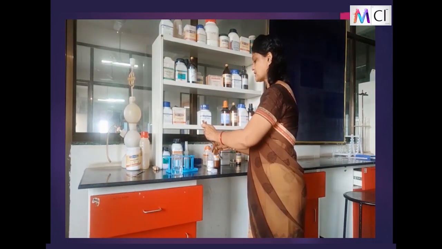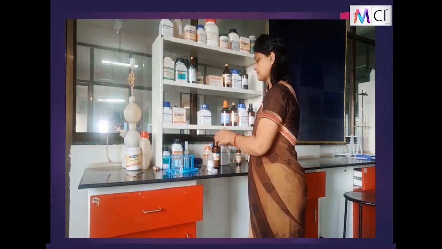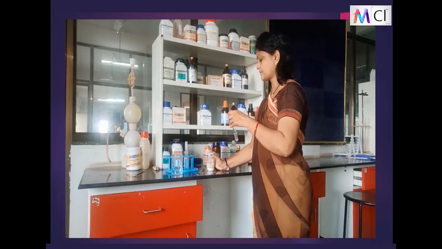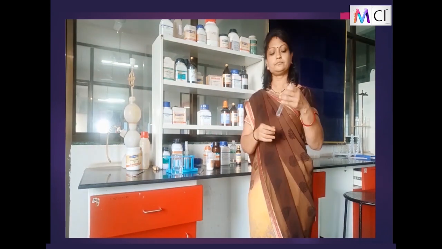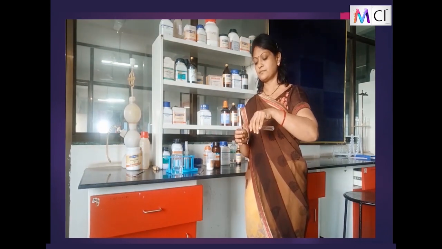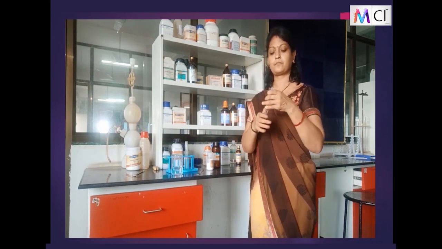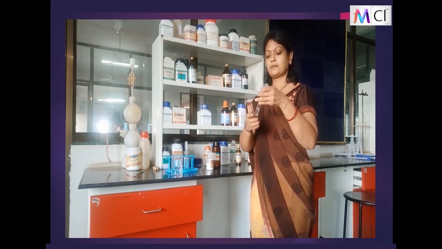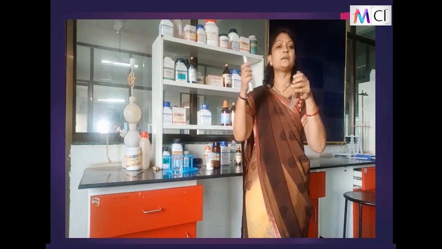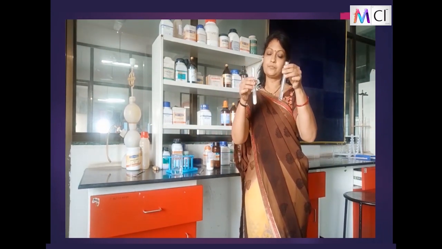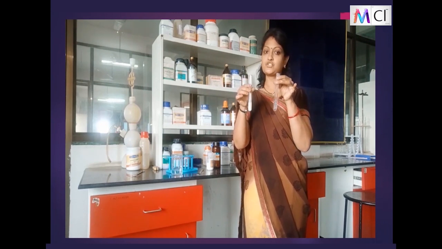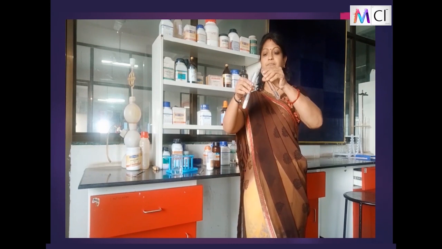So, just make the solution of it. So, I have the two solutions, lead nitrate and potassium iodide solutions, ready. We will simply add these two and observe for the reaction.